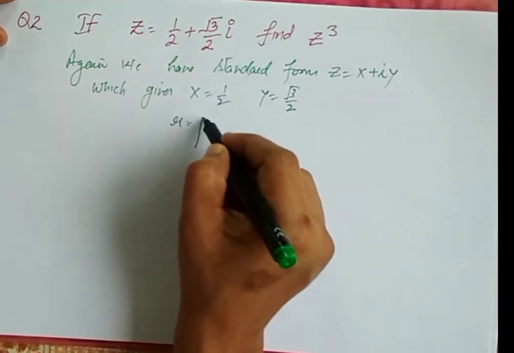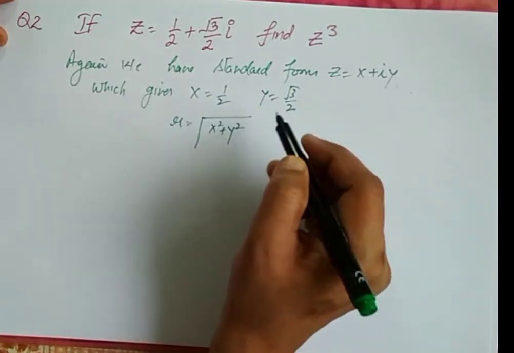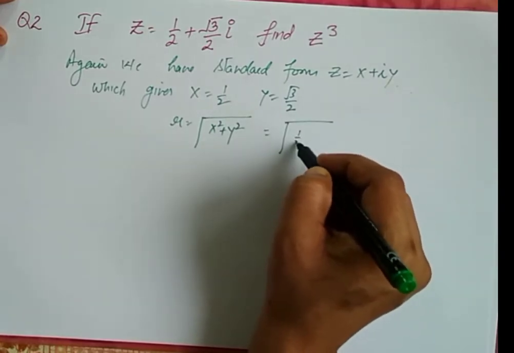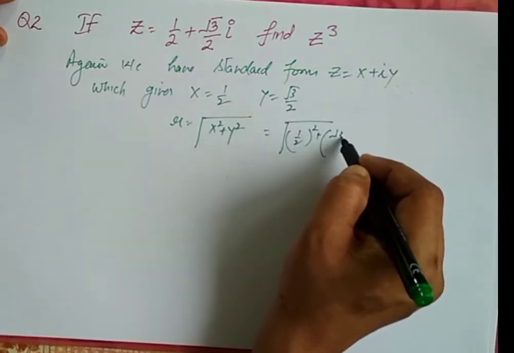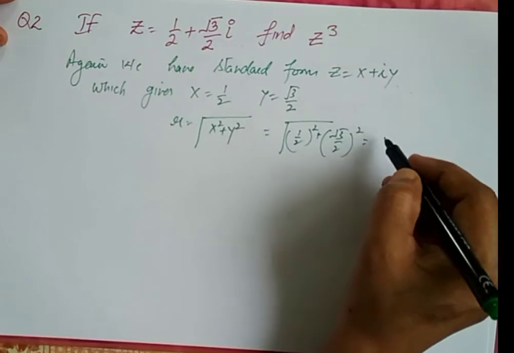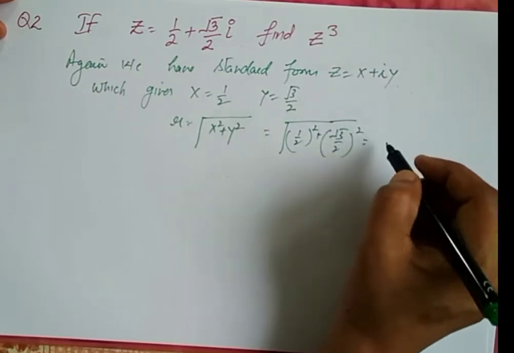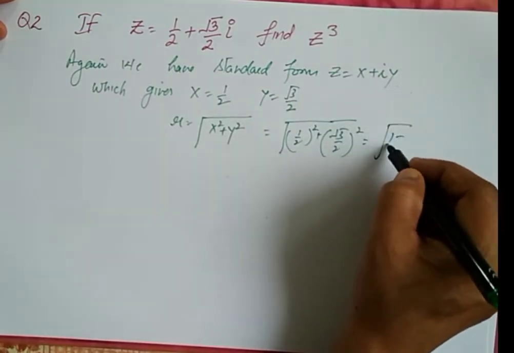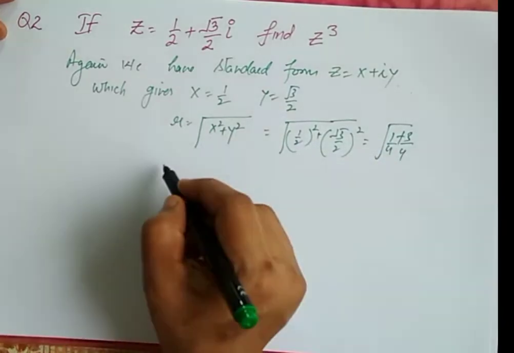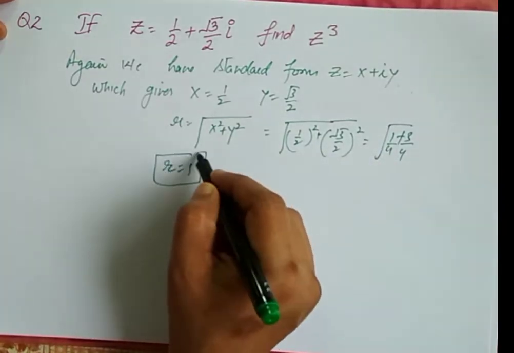So r is equal to the square root of x squared plus y squared, which is the square root of half squared plus root 3 by 2 squared. So this becomes the square root of 1 by 4 plus 3 by 4. So r equals 1.